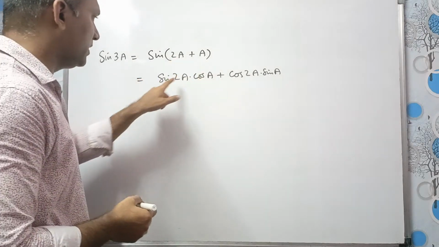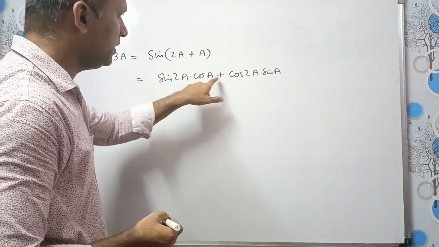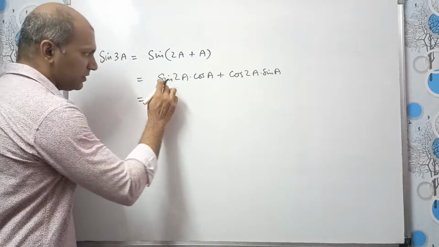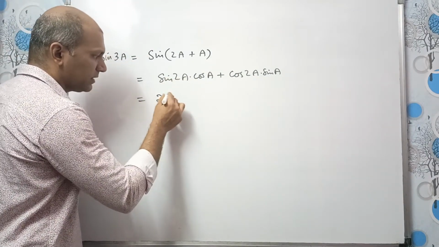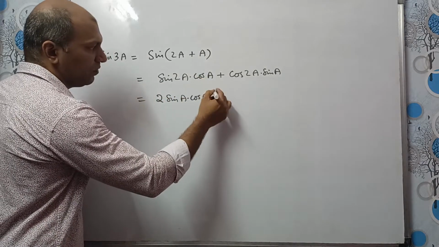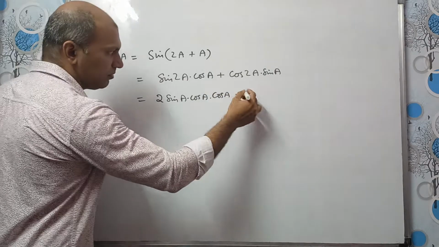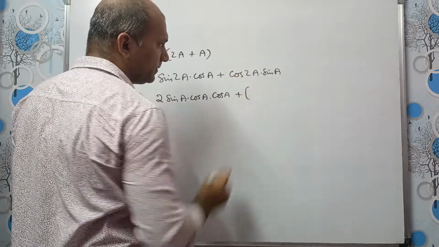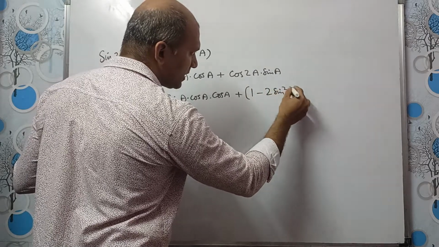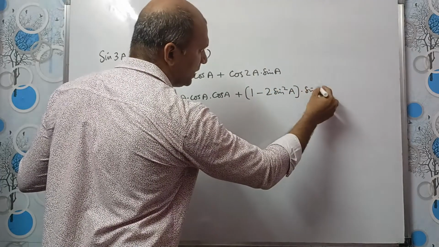Now just now we have studied what is sin 2A. It is 2 sin A cos A. One more cos A is there. Plus what is cos 2A? We can write it as 1 minus 2 sin square A multiplied by sin A.